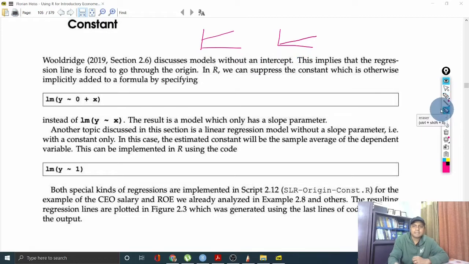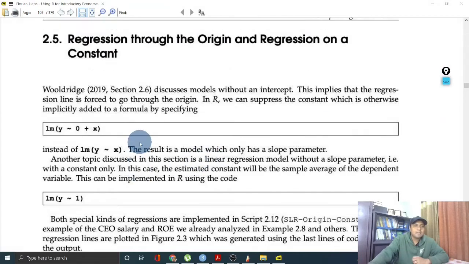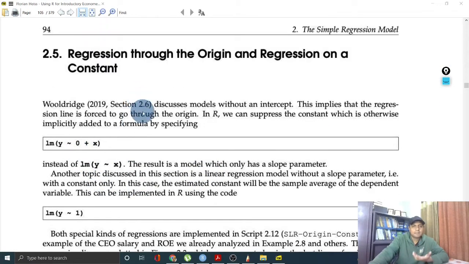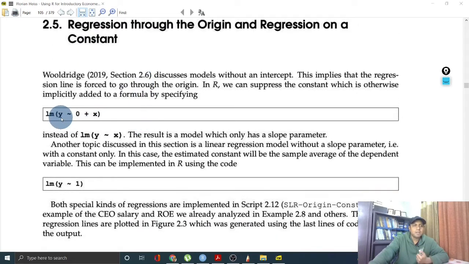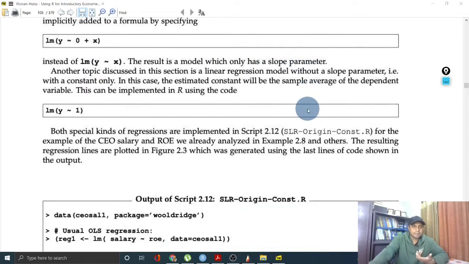If that is the case, what would our regression look like? That's what it says here: if there is no intercept, then y, the dependent variable, is regressed on x with no intercept. Instead of writing it this way, you can write it like this. The result is that the slope parameter will come out like this, and this is the one that goes through the origin.